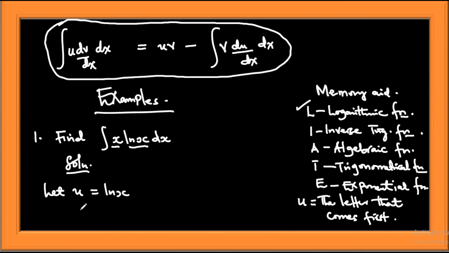Once you let u to be ln of x, that means you have to look for du dx by differentiating it. So du dx definitely here becomes 1 over x. And then it means now the v dx becomes x, which is the algebraic function.